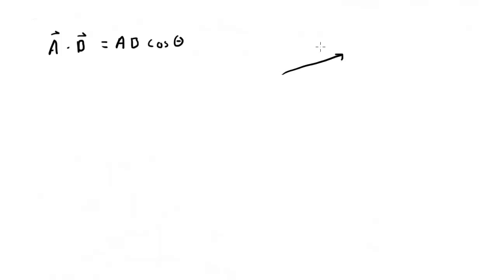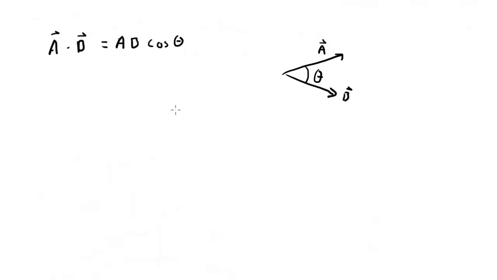So if I have a vector A and a vector B, the angle between the two vectors is defined as theta. And it's actually used to find the angle between two vectors in three-dimensional space that start at the same point.